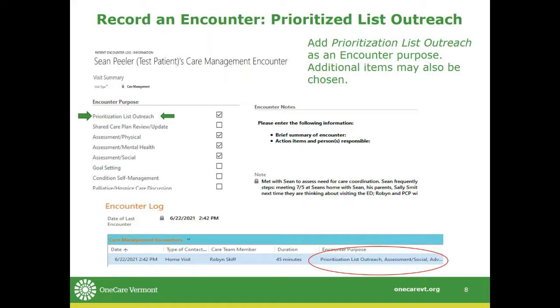And you can still continue to choose multiple reasons for the encounter, so you can then cascade down to check any other checkbox that is relevant. And that will allow you and us to really see that actions and next steps are taking place with these folks. And I don't have a specific slide for this, but of course we'll talk in next steps about where the care conference falls in.